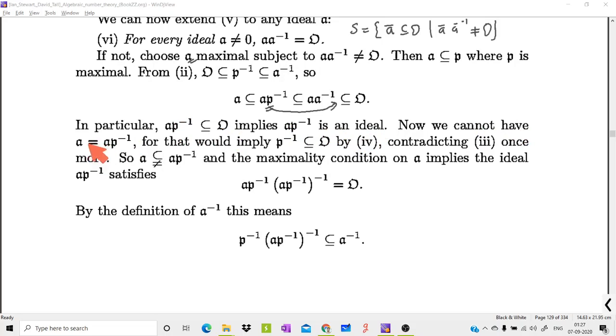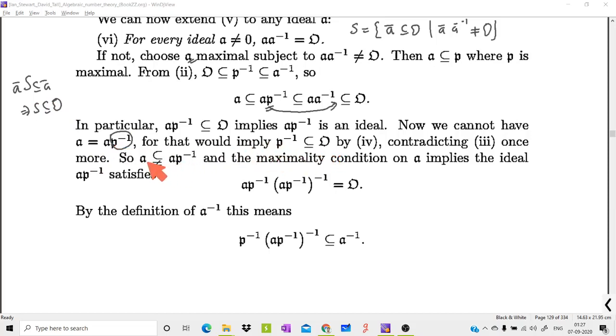But we can never assume A is equal to AP inverse. Whenever this happens, we can say that P inverse is contained in O, using 4: AS contained in A implies S is contained in O. This is a contradiction again.